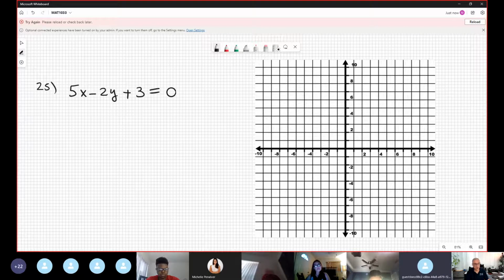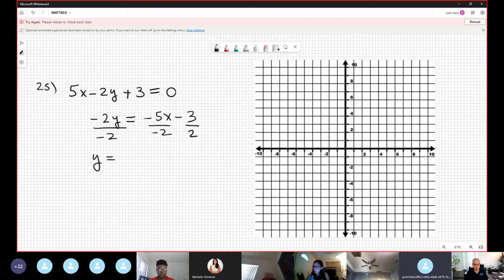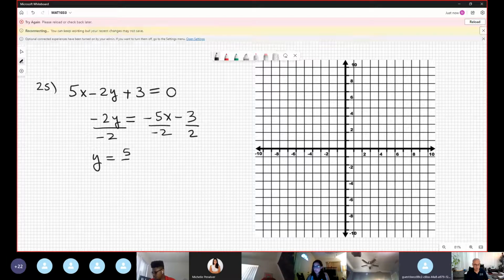You solve for y always. This is minus 2y. Bring down the equal, and move everything to the right hand side. Minus 5x minus 3 divided by negative 2. And y alone, positive, of course, is 5 over 2 x minus 3/2. Well, 3/2 is 1.5.